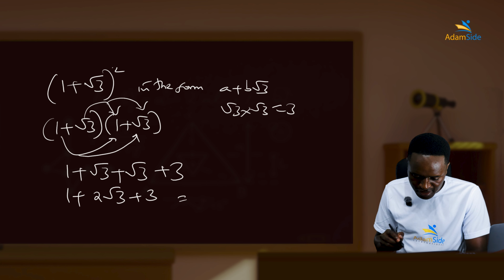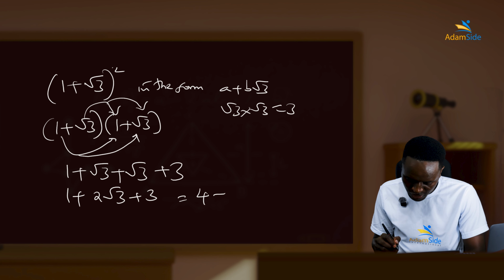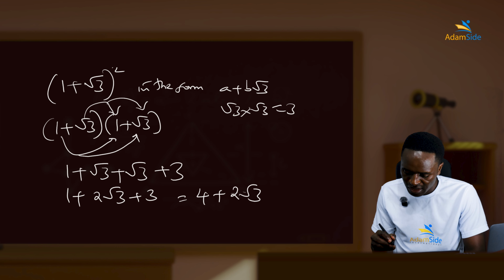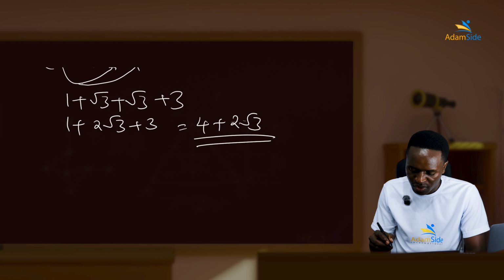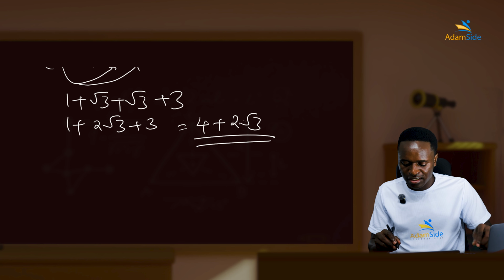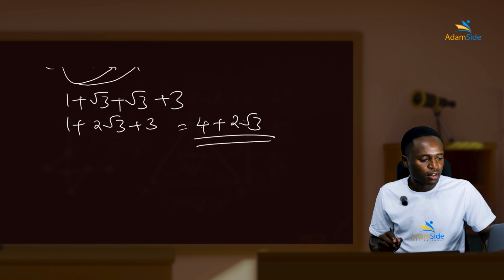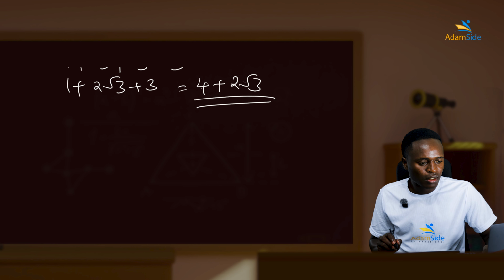If you add 1 plus 3, you get 4, so the answer is 4 plus 2 root 3. Because they say write it in the form a plus b root 3, our a is 4, our b is 2. Correct.